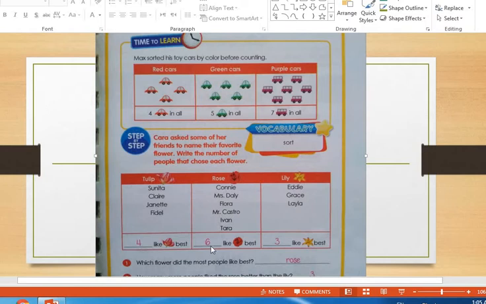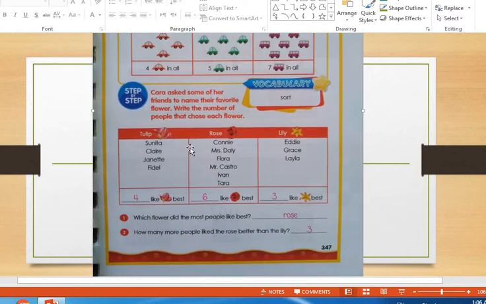So 6 people like rose best. How many people preferred the lily flower? 1, 2, 3. So 3 people like lily best. So what do I have here? Kara sorted, organized the flowers according to what?